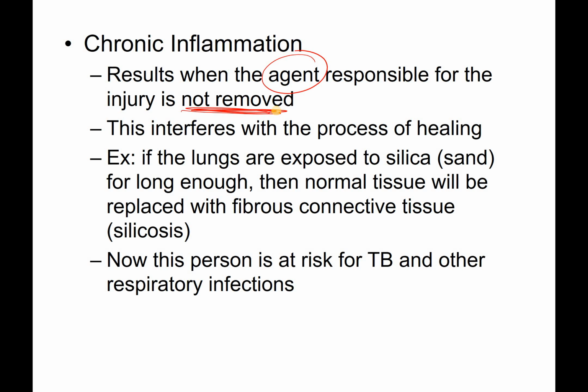So in this example, we're going to go over if the lungs are exposed to silica, which is sand, for long enough, then normal tissue is replaced by fibrous connective tissue, silicosis. Okay, now this person is at risk for respiratory dysfunction like tuberculosis, okay, because they have a suppressed immune system, and if TB is around in the air, they breathe it in, whatever, they can get it.